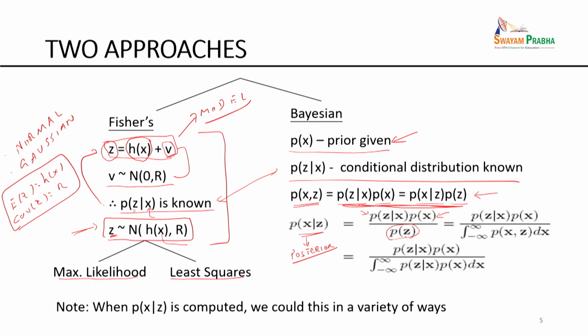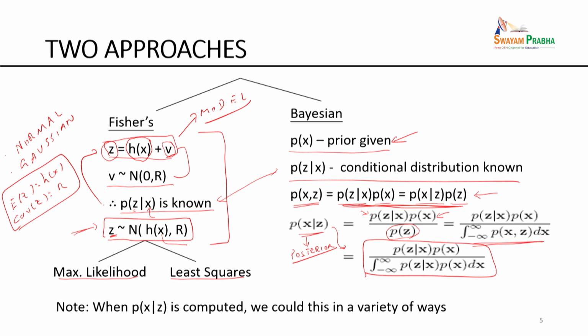The denominator P of z is simply the marginal distribution obtained by integrating the joint distribution with respect to the state x, and this expression is equal to Px of z.